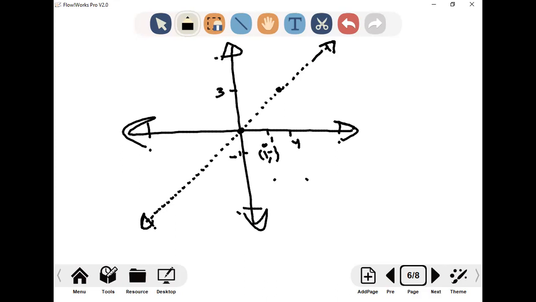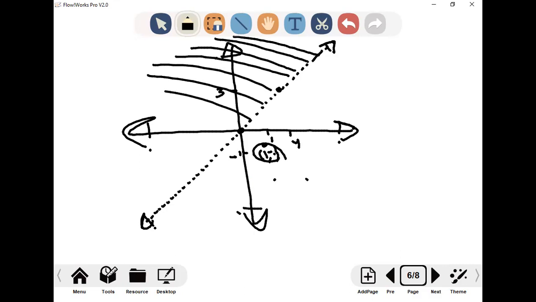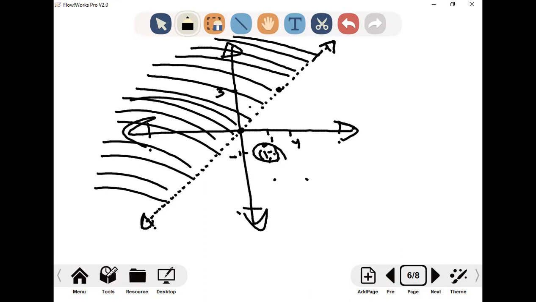Right? So here, this is my area because I tested this point, it was not a solution, right? But I don't need these here. I don't need this.